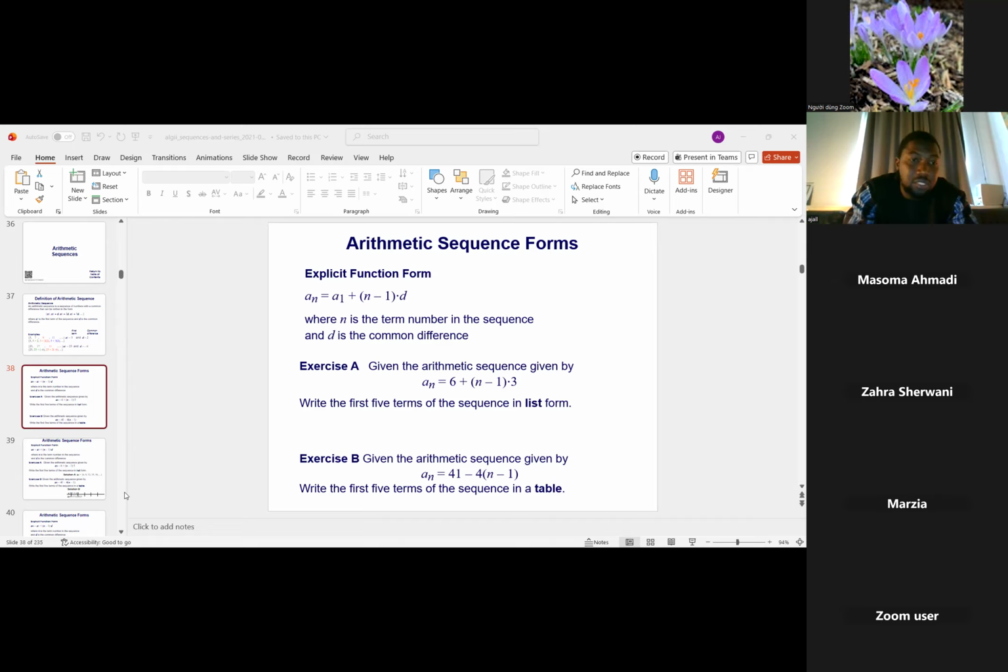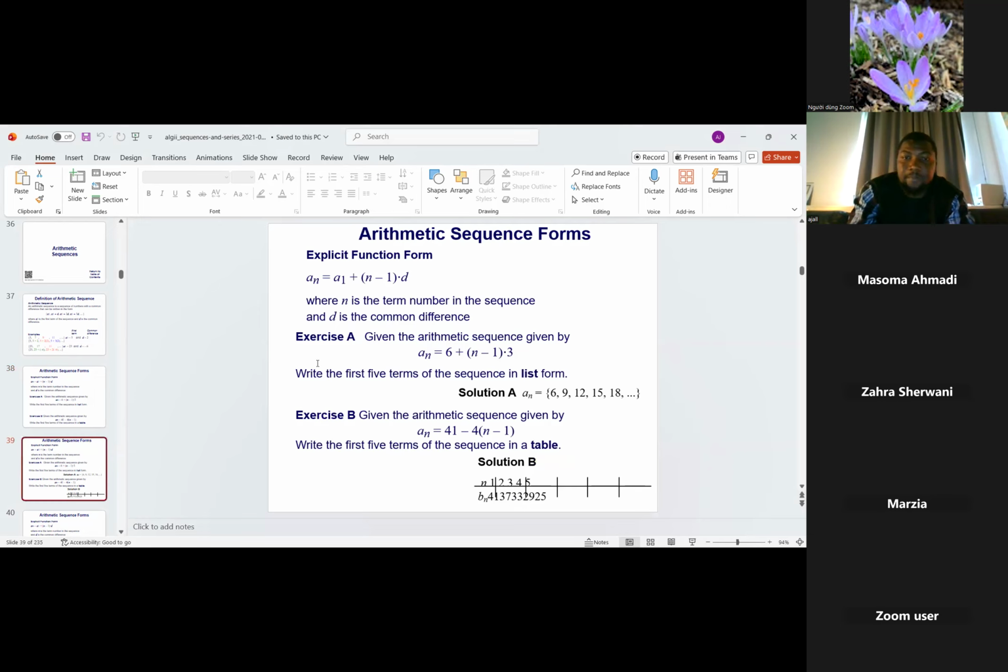Very good try. So we could look at the responses there. The first term from the first exercise is 6 and the common difference is 3. If you put 1 in the formula for n, a1 becomes 6 plus (1 minus 1) times 3. 0 times 3 is 0, so a1 is just 6.